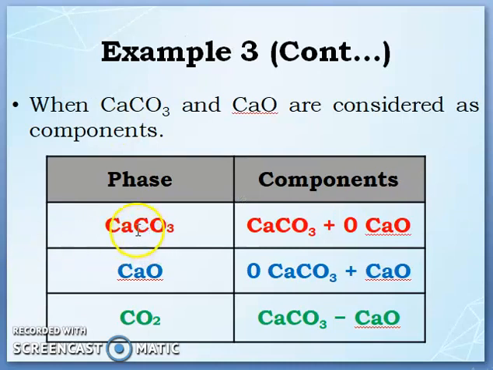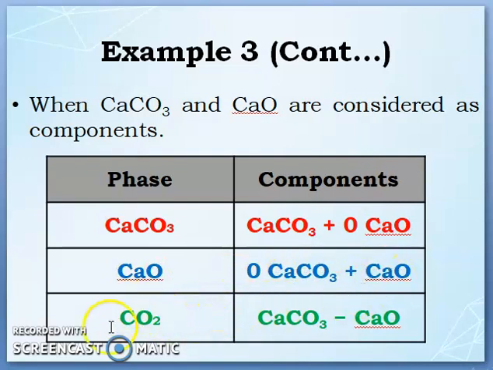See this. If you want to explain the calcium carbonate phase, you can represent it in this chemical equation form: calcium carbonate plus 0 calcium oxide. If you want to define the calcium oxide phase, you can write: calcium carbonate 0 plus calcium oxide.